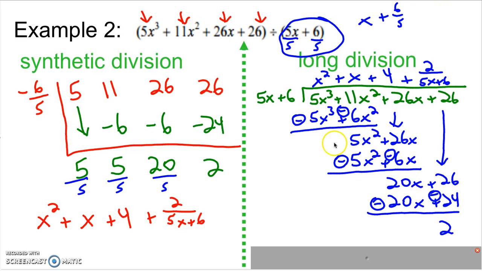The long division or the synthetic division will work here. Notice that we still get these same numbers, the -6, the -6, the -24, and the remainder of 2. So this is all connected, and I know that some of the reasons why it works isn't quite clear, but the fact is that it does, and you just have to be careful about the steps.